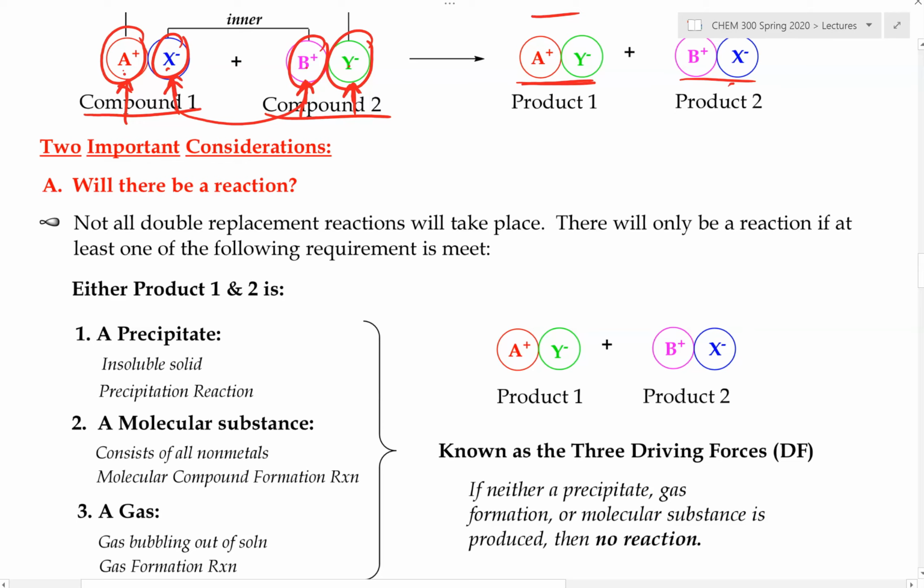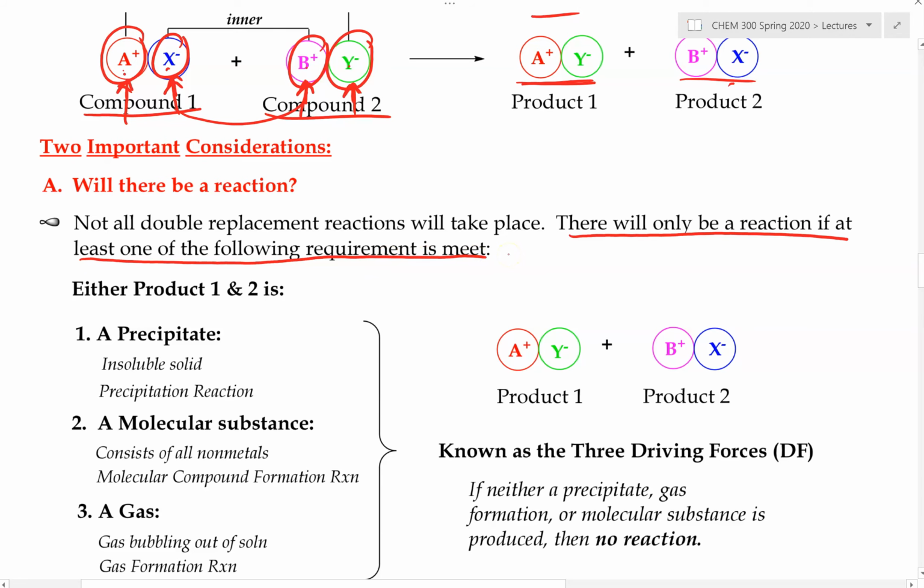So basically, not all double replacement reactions will take place. But there are only certain types of double replacement reactions that are known to occur. And in order for them to occur, here is the requirement right here. There will only be a reaction if at least one of the following requirements is met.